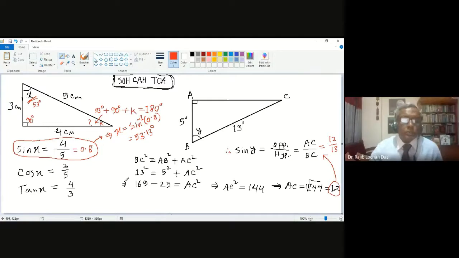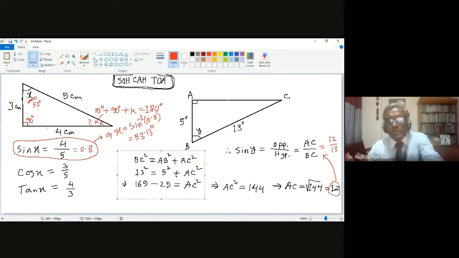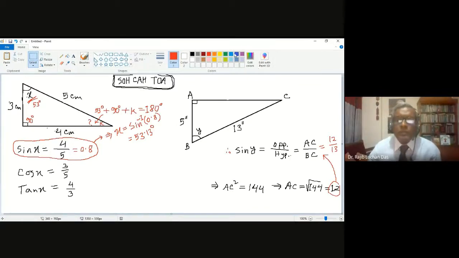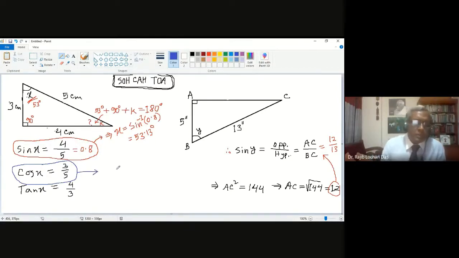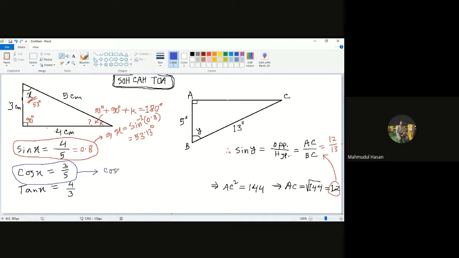Okay. So what about cos x? If you find out the x angle from cos x, should it be different or should it be the same? What do you think? Sir, it would be different.